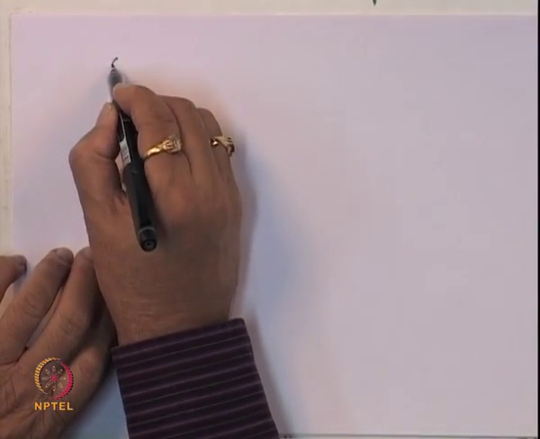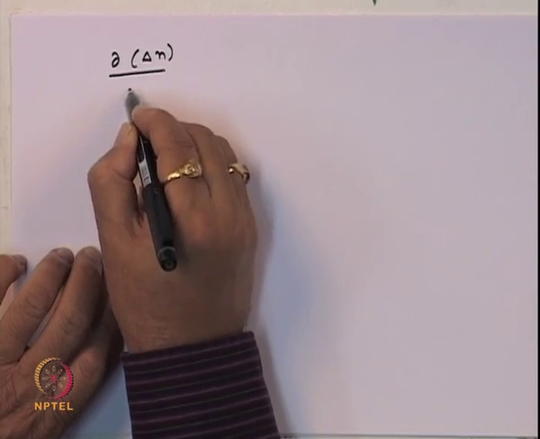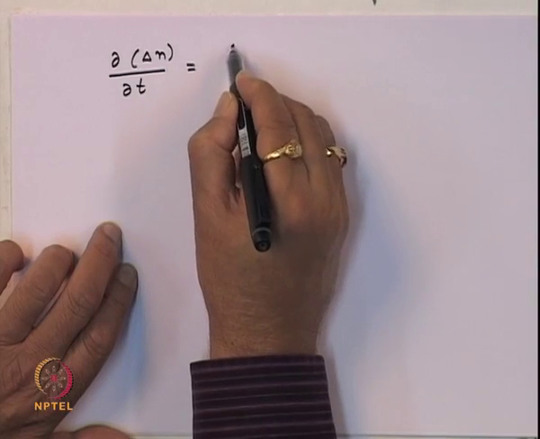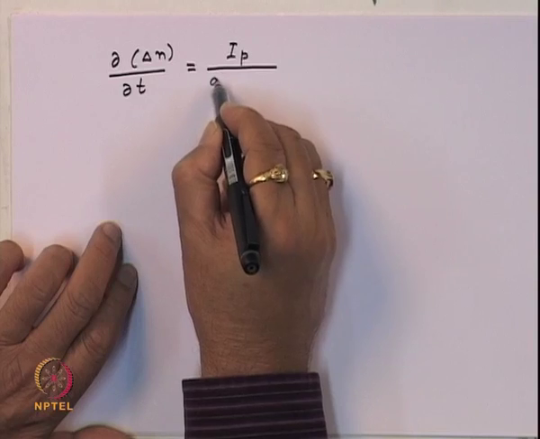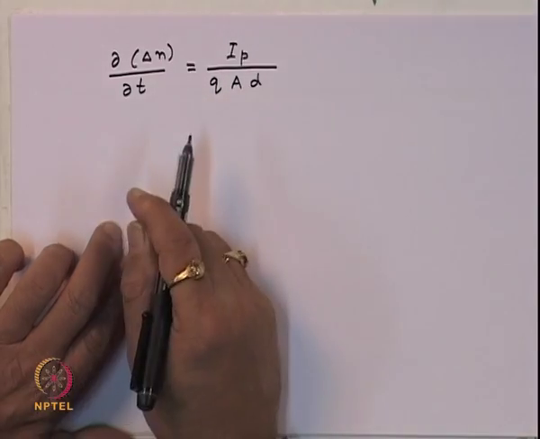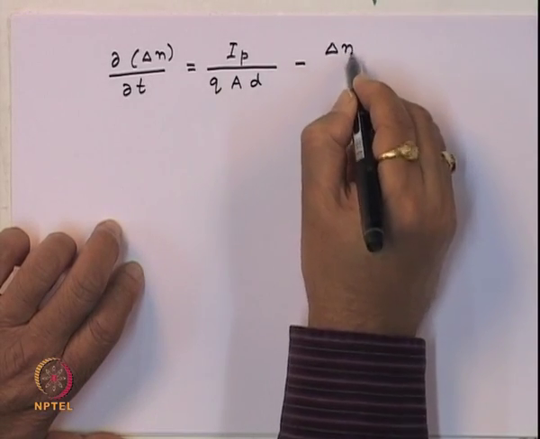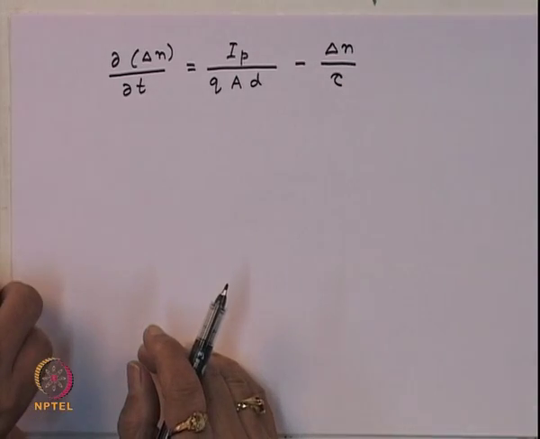Here we get d delta n by dt equal to the injected current IP divided by the electronic charge, area of cross section, d the thickness of the active region, minus delta n divided by the carrier recombination lifetime tau.